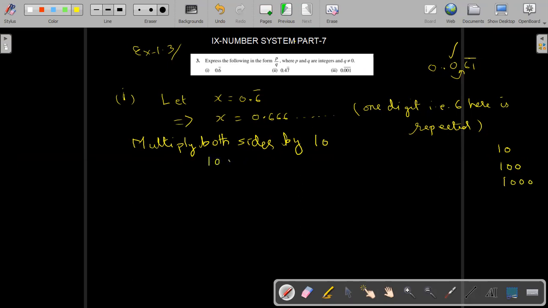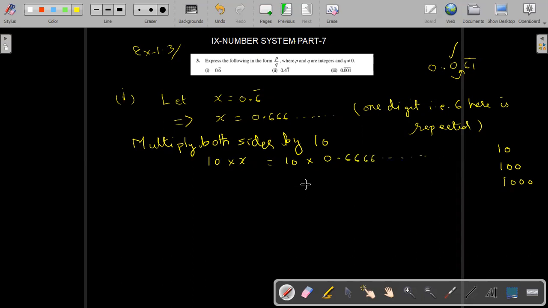When you multiply 10 into x on the left side, you also have to multiply 10 into the recurring number. While doing that, you remove the bar and write the repeated form, 6, 6, 6, 6, and so on.